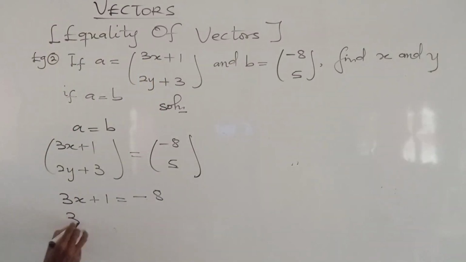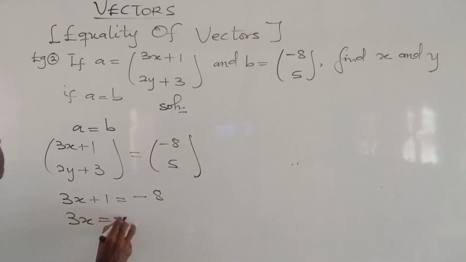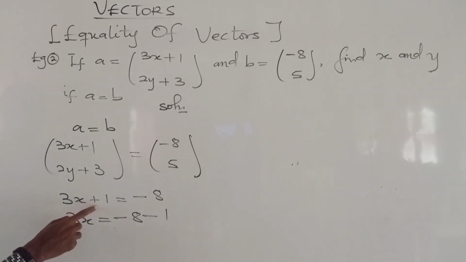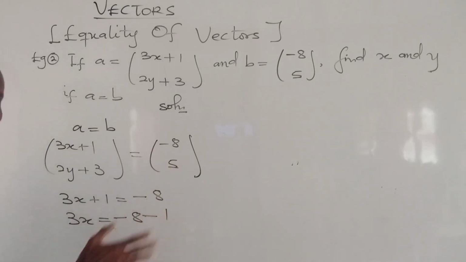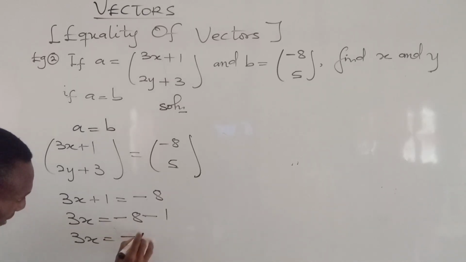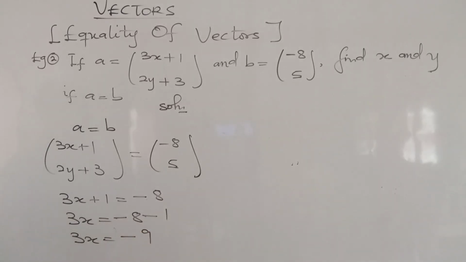So I have 3x equals minus 8 minus 1, because it's positive 1 here, when it crosses the equal sign it becomes negative. So I have 3x equals minus 8 minus 1, which is minus 9. I hope you agree with me up to this point.